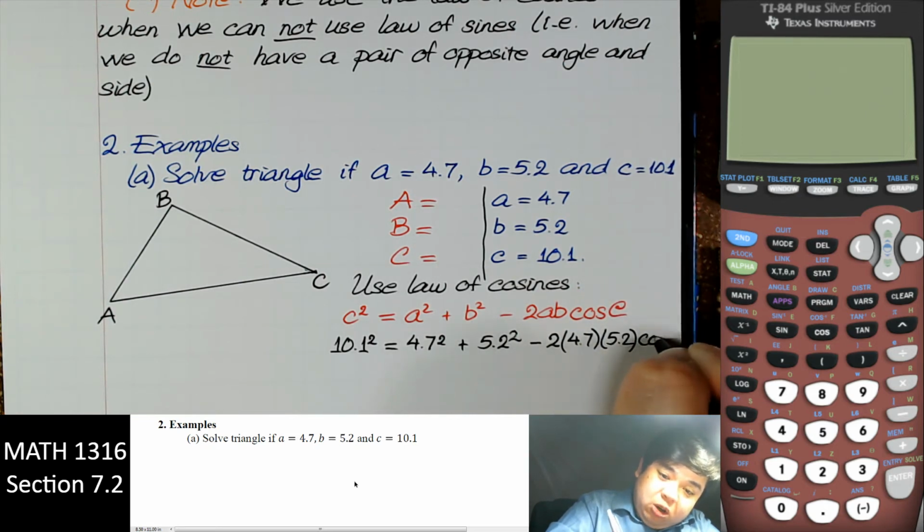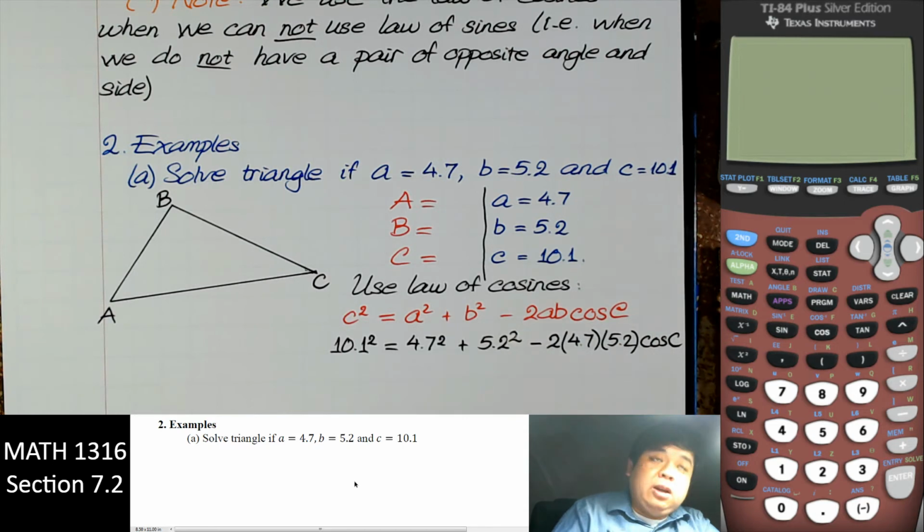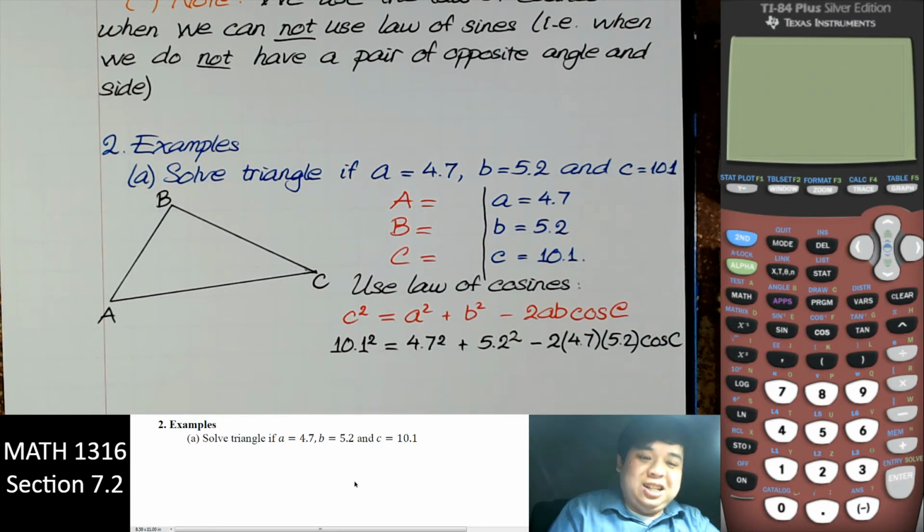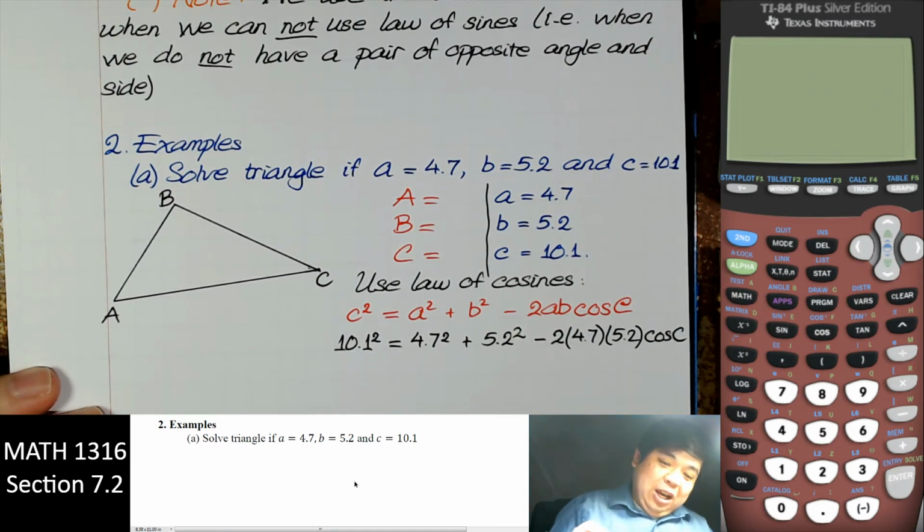By the way, this is not the way we should do it. When we put everything here, obviously we can solve for cosine C, right? But let's not do that. What I prefer is to subtract A squared and B squared.